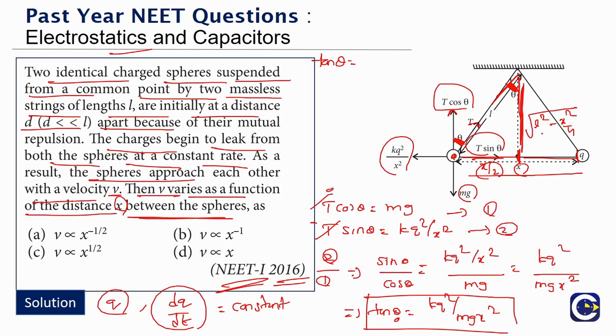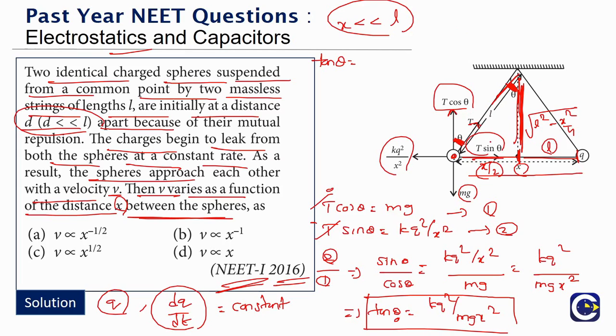But the thing is, we are saying that D is very, very small in comparison to L. D is the original separation. Means if they are coming even more closer, the x value also will be very, very small in comparison to L, which means this adjacent side we can almost take as L. Again, we have to be clear with the assumption.